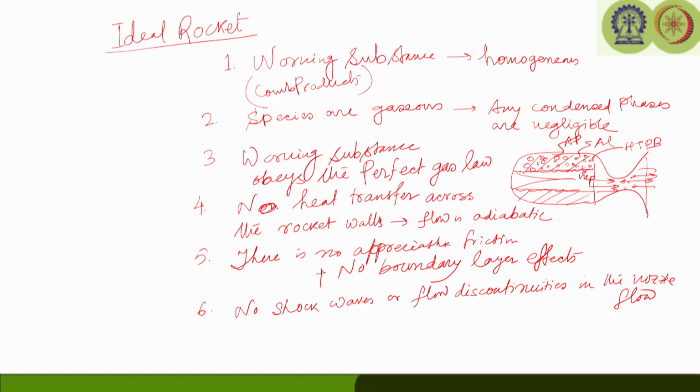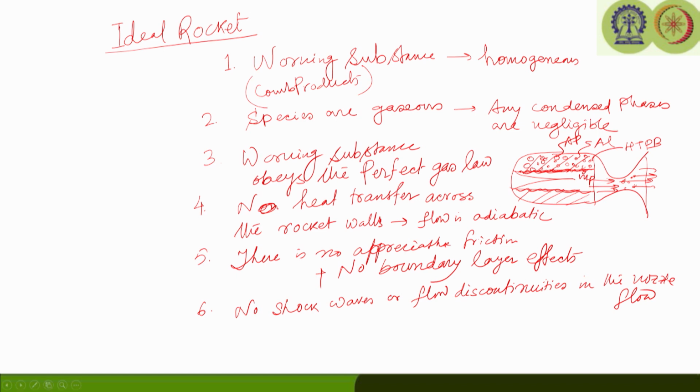There will be some burning of the propellant layer and they will form some product gases. So, there will be some regression of the propellant, and that will form the combustion gases after burning. So, we say that the propellant flow is constant and steady.